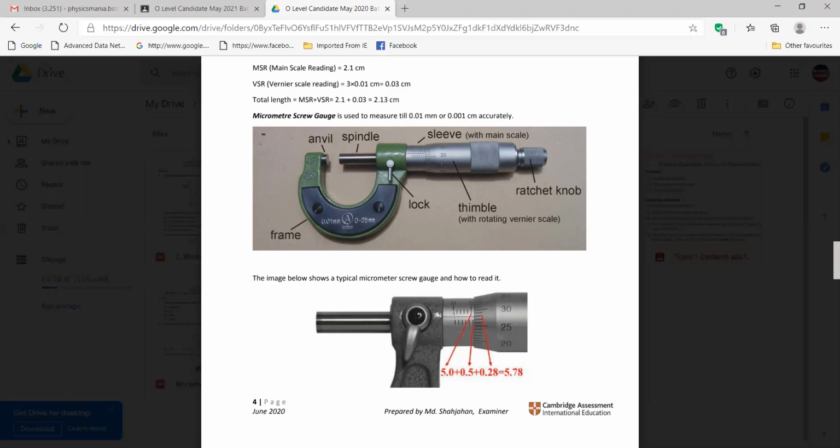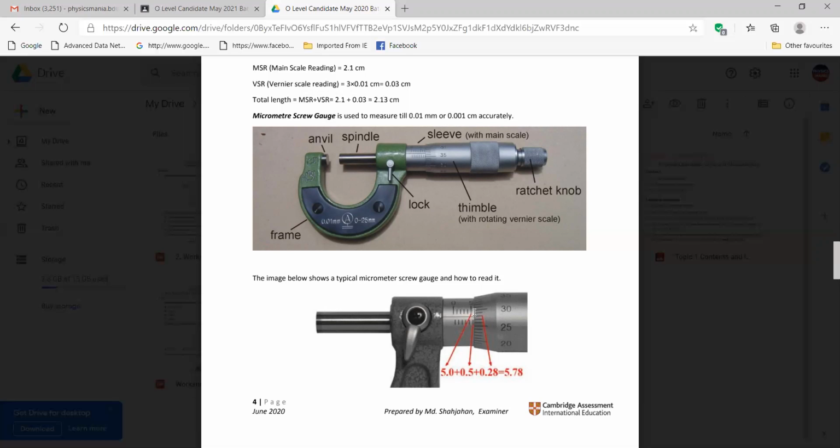And in main scale reading, we have upper lines and lower lines, okay? Yes sir. The upper lines, each of the lines giving you 1 millimeter, and the lower lines giving you 0.5, okay?